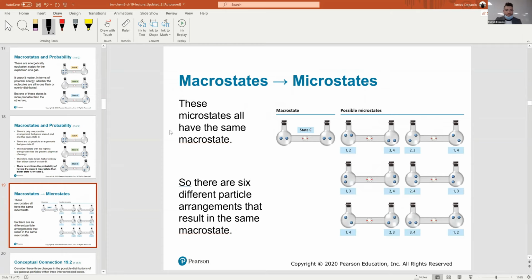Here we go. So we have macrostates, macro to micro. You have particles. There are 4 particles in these, gas particles in a tube with 2 flasks. We can call these 1, 2, 3, 4. The macrostate is that there are 2 of them on the left and 2 of them on the right.